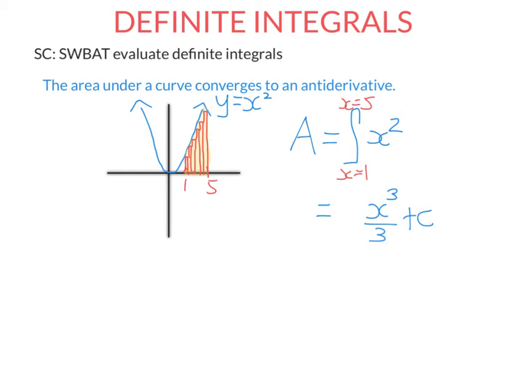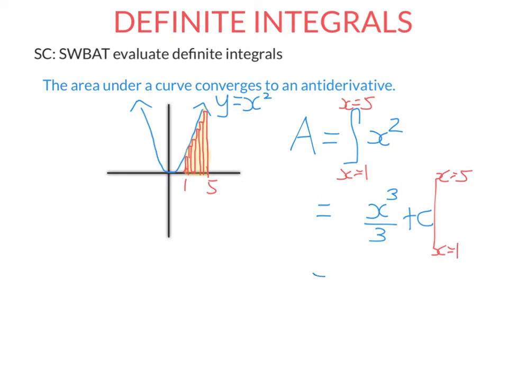So we're finding the value of the antiderivative at this endpoint and subtracting the value of the antiderivative at this point. Usually we put a line here and say we're evaluating it between x equals 1 and x equals 5. All I'm going to do is substitute in this point into the antiderivative and then this point and then subtract them.